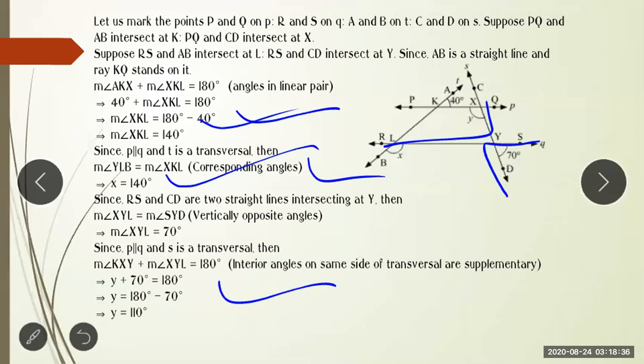We will take Y on one side, equal to 180 degree minus 70 degree. As we deduct 70 from 180, we are getting Y as 110 degree. So here the value of X is 140 and the value of Y is 110 degree.